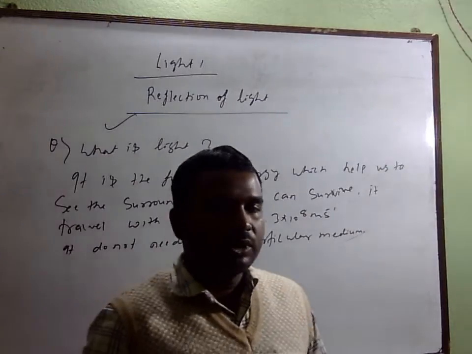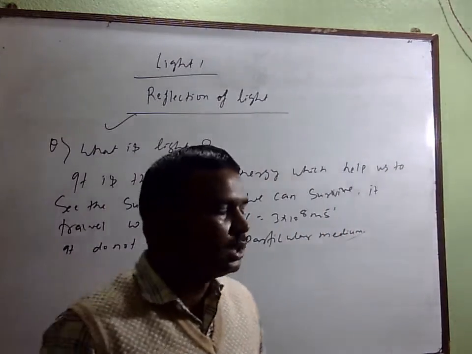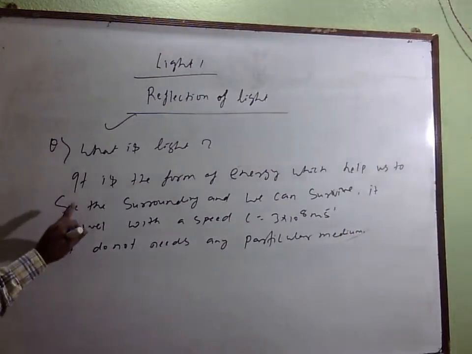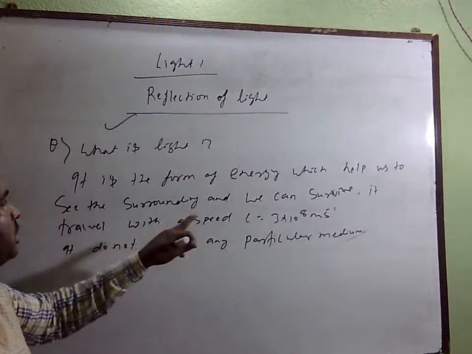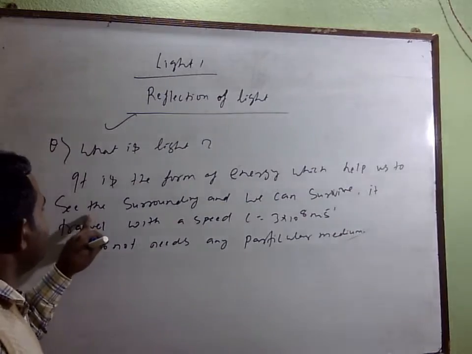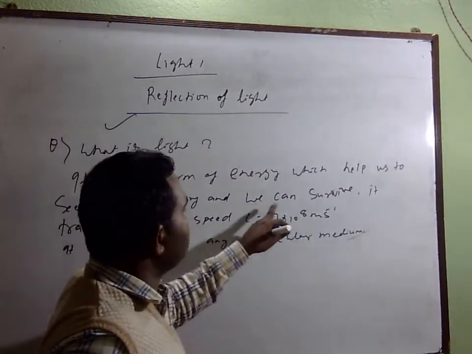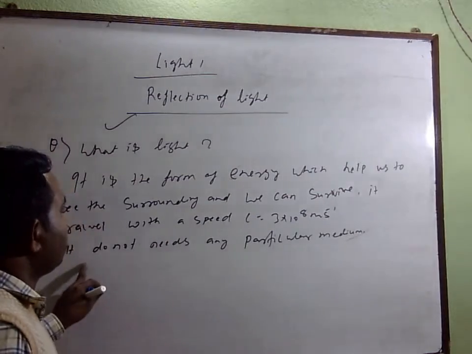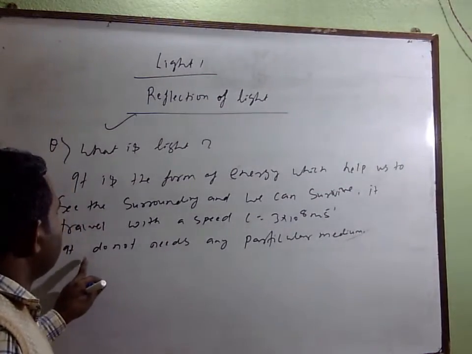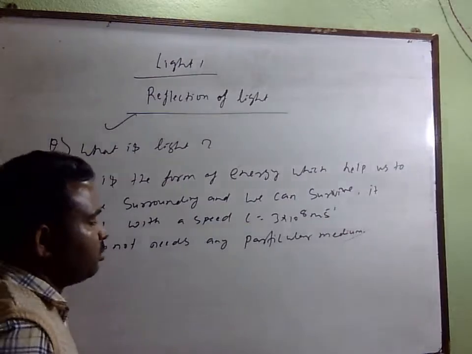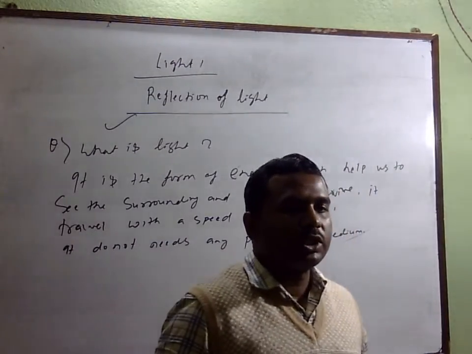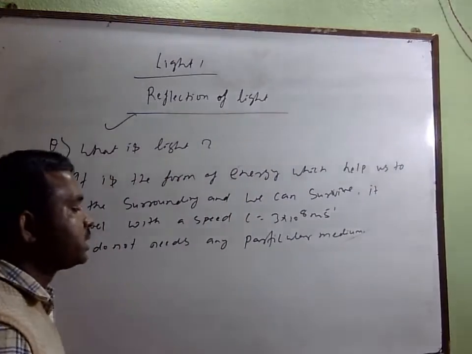So you can write this simply, students, because the first question started from light. I have written: it is a form of energy which helps us to see the surroundings and we can survive. It travels with the speed of light, 3 into 10 to the power 8 meter per second. It does not need any particular medium. And light, heat, and temperature are all scalar quantities.